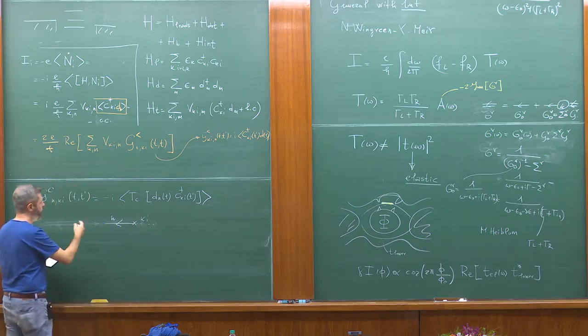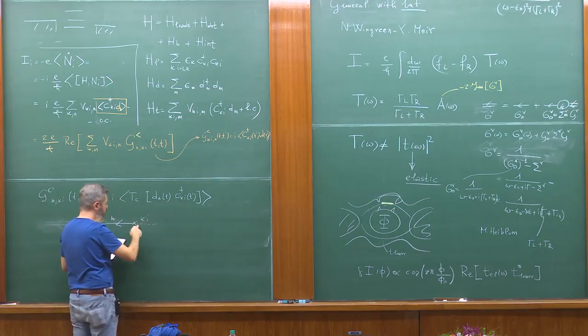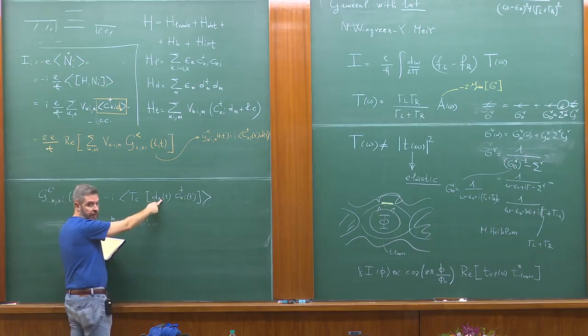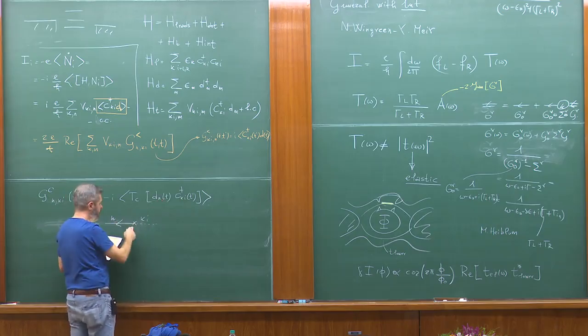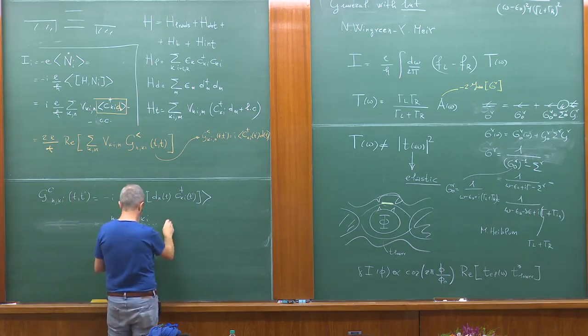Because I have to enter as ki, then I have to destroy the ki and create an n. And here I will have the corresponding tunneling matrix element. So this is the simplest process you can have.